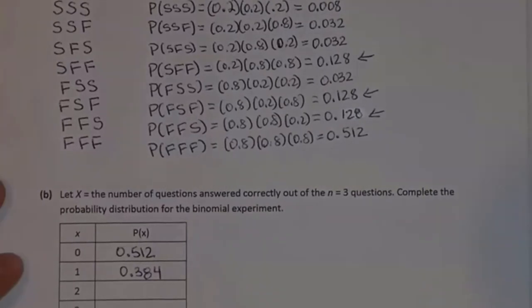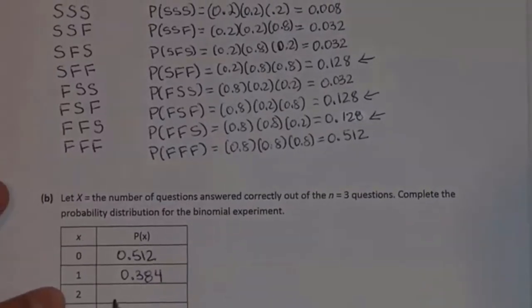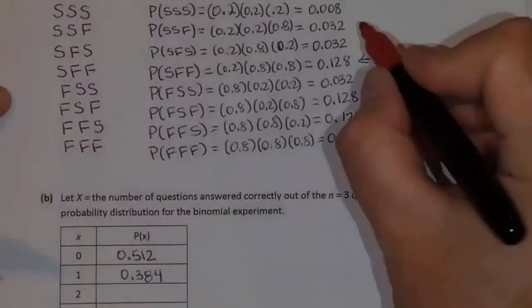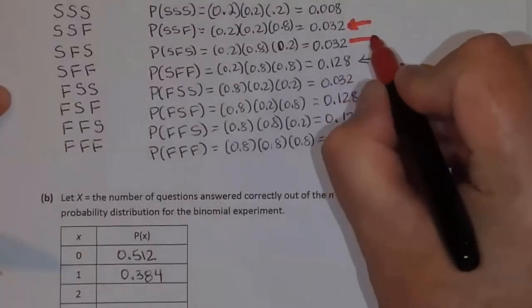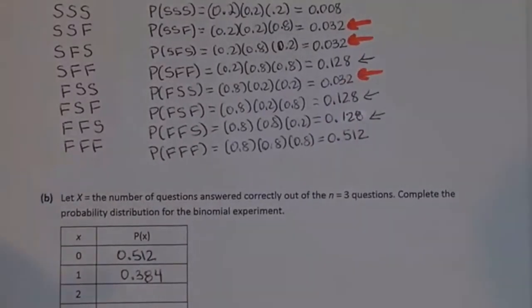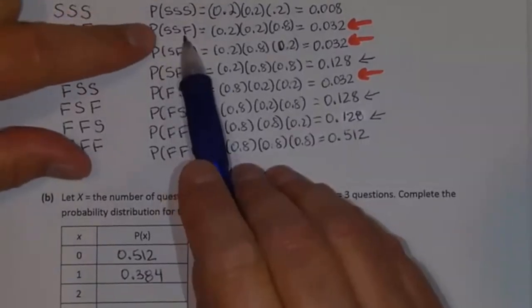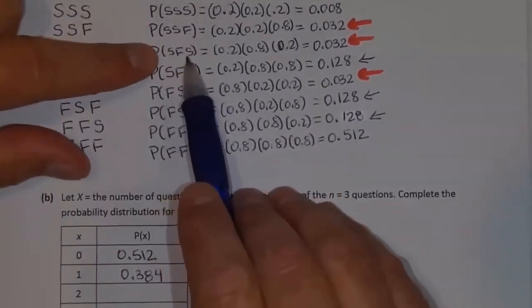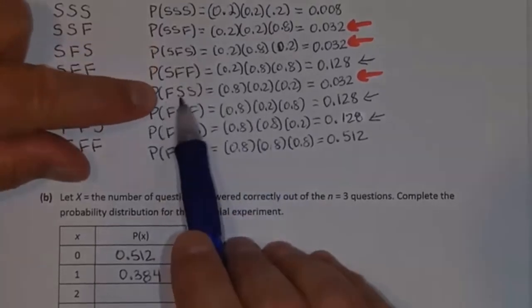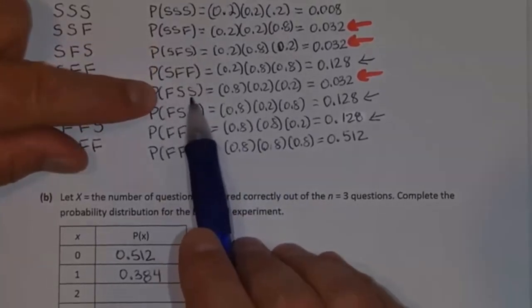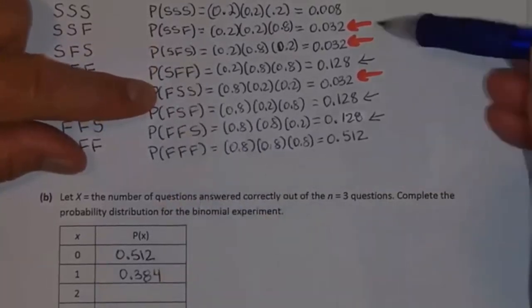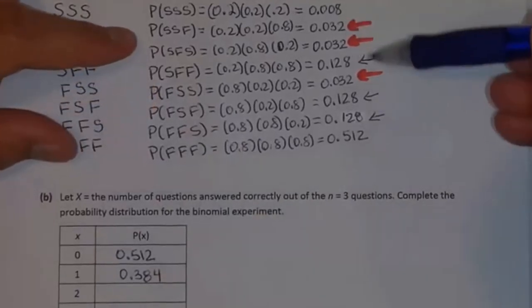What's the probability that we'll get 2 correct? Well, again, there are 3 ways that that can happen. We can have 2 correct here, 2 correct here, or 2 correct here. So the first 2 right, third one wrong, first one right, second one wrong, third one right, first one wrong, and the last 2 right. So there's 3 different ways that I can have 2 successes.